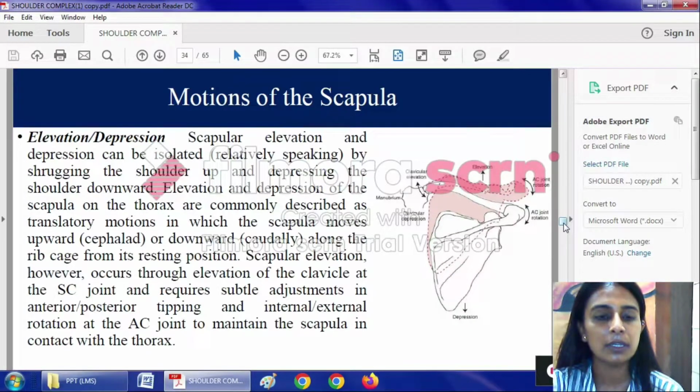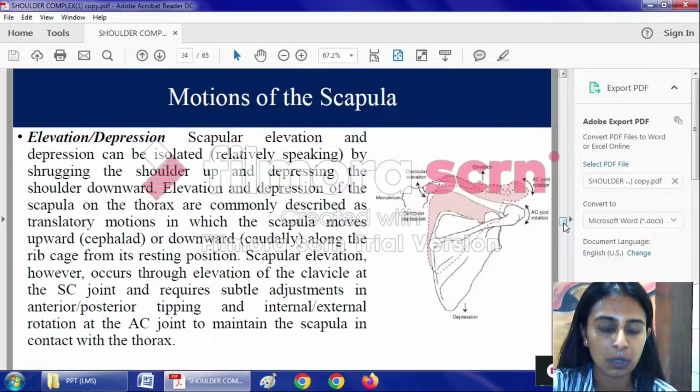Elevation and depression. Scapular elevation and depression can be isolated by shrugging the shoulder up and depressing the shoulder downward. Elevation and depression of the scapula on the thorax are commonly described as translatory motion, in which the scapula moves upward and downward along the rib cage from resting position.